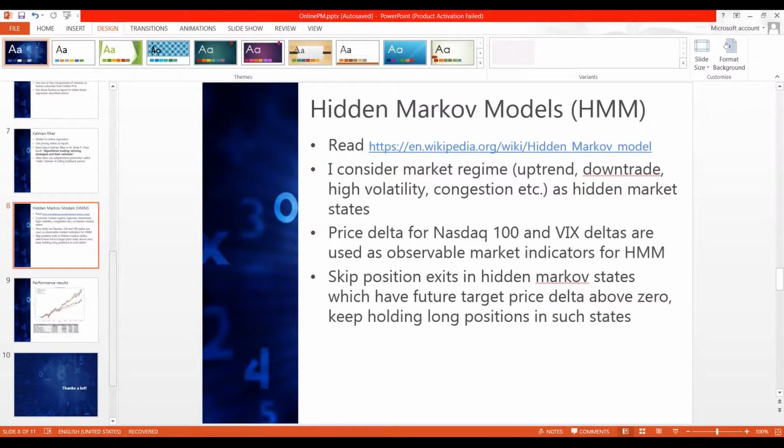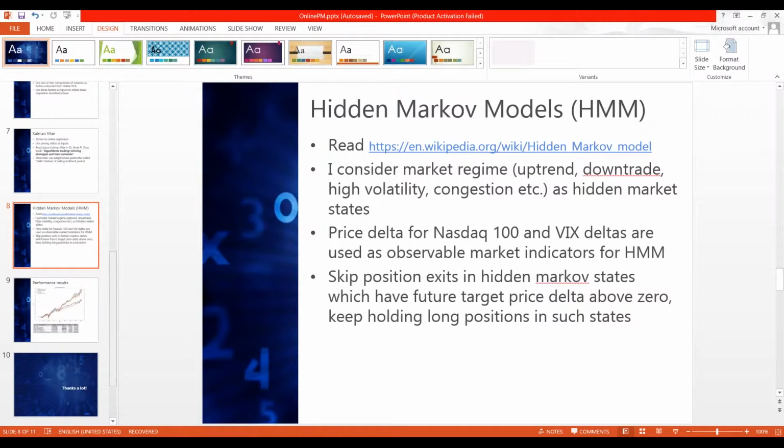I consider as market regimes, for example, uptrend, downtrend, volatile market, congestion, and whatever, as hidden market states, which could be characterized with a set of parameters, visible distributions with specific parameters determined by optimization.